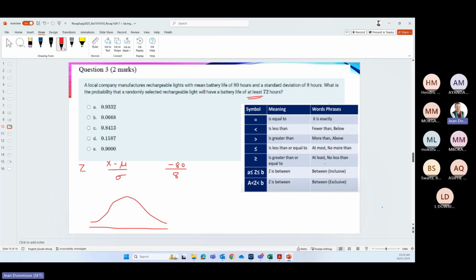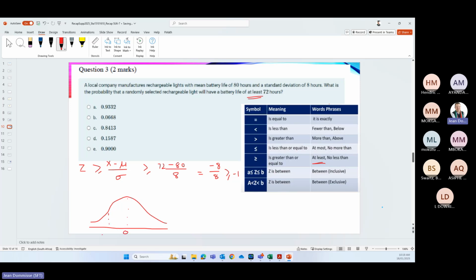Okay, so at least is greater or equal to, and that is 72. So 72 minus 80, that's minus 8 over 8, so bigger or equal to minus 1.